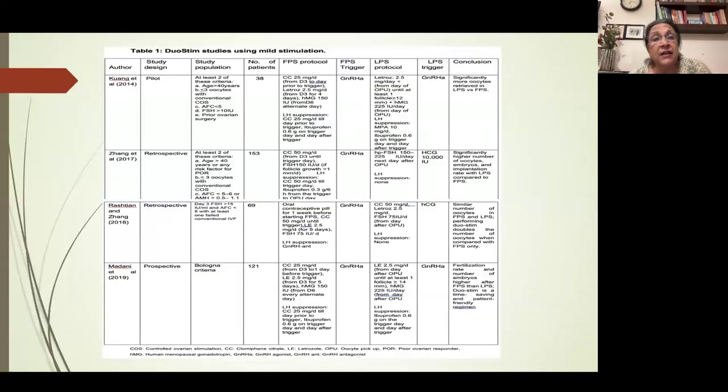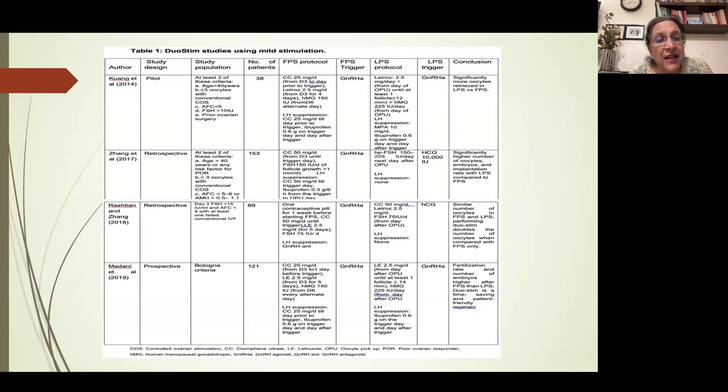And when you see the results, Kwong et al. said significantly more oocytes were retrieved in the luteal phase stimulation versus follicular phase stimulation. And if you ask, I will answer this question. Then again, Zhang et al. said significantly higher number of oocytes, embryos, and implantation rate with LPS compared to FPS.